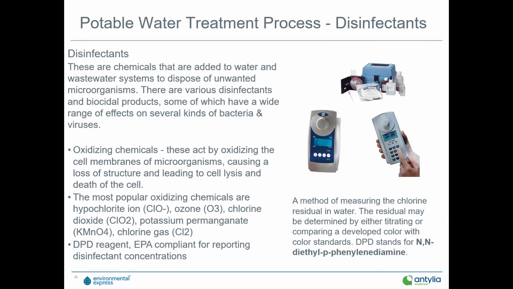The main form of chemicals is oxidizers. These are used specifically because they oxidize the cell membranes of these bacteria or viruses, causing a loss of structure and leading to cell lysis and death of the cell. So they essentially attack the cell wall of either bacteria or virus, literally causing it to collapse. It has no wall to maintain the structural integrity, and that will kill the bacteria or virus.